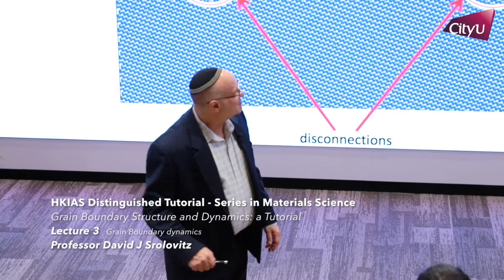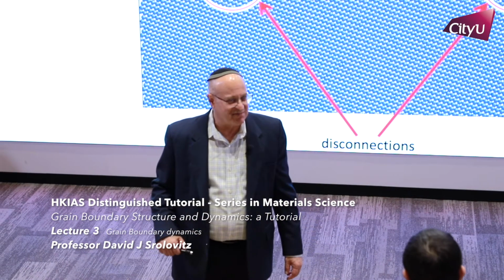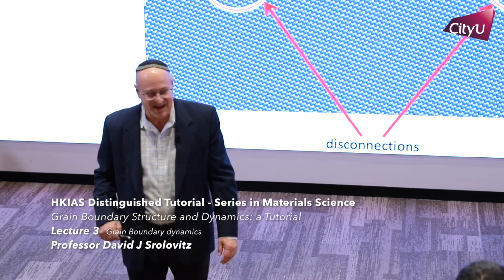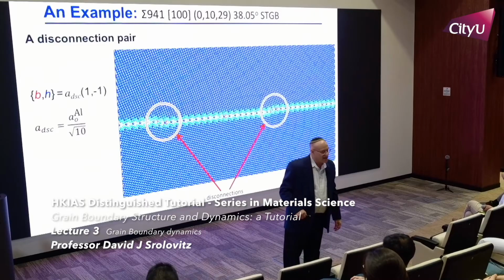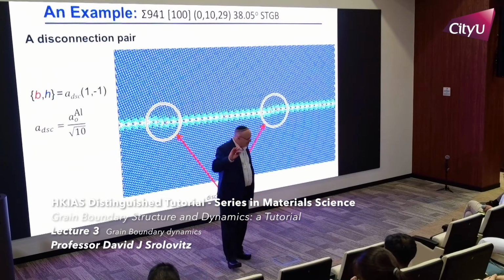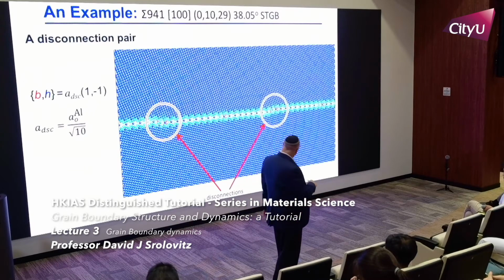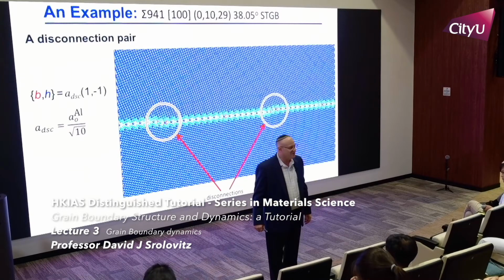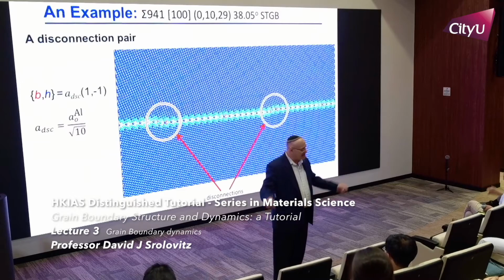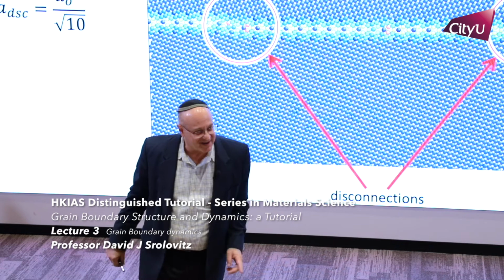So even though it's sigma 941, it's really sigma 5 plus some periodic mess. By the way, I keep saying this because everybody always asks: if it's not a sigma boundary, it's exactly like the one I drew you, except the secondary grain boundary dislocations are not periodic, they're aperiodic. Okay?